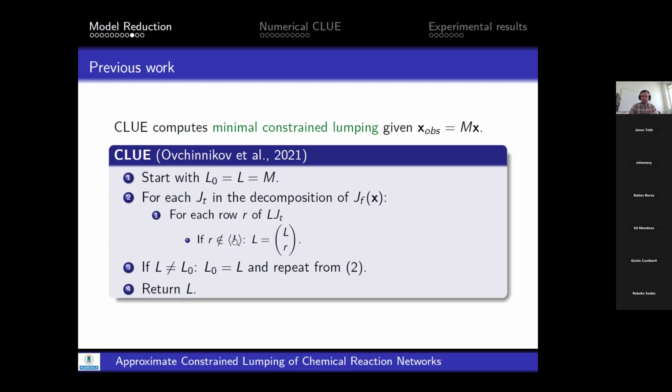If it is, we do nothing. If it's not, it means we need to add it to our space, and then we keep going. We keep adding more and more rows until everything is fixed and we found an invariant space under all the Jacobian matrices at once.